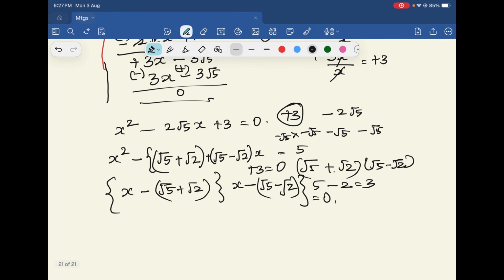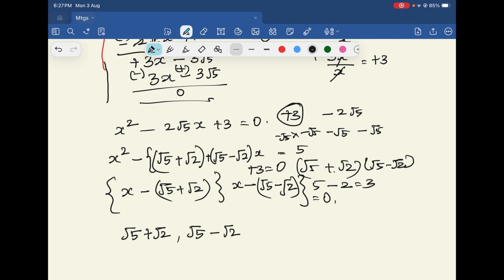Now what is the factor? Zeros, the other name for zeros is roots. So x minus root 5 plus root 2 means root 5 plus root 2 is the root. Therefore root 5 plus root 2 and root 5 minus root 2.